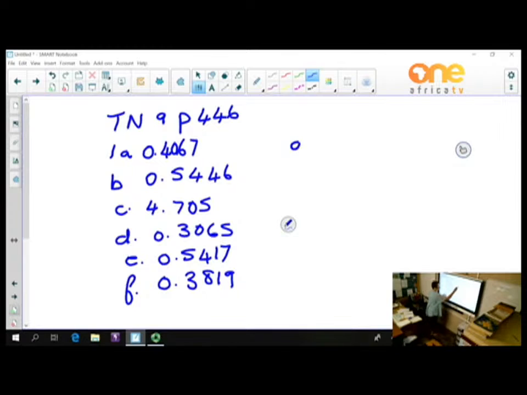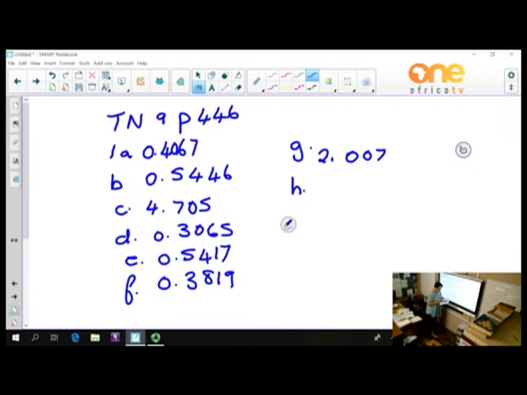Number G, just pressing your calculators. Now, this time there's a 3 in front, so we're going to say 3 times cosine 48 is equal to 2.007.